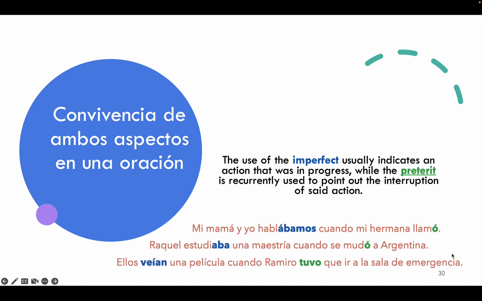Last but not least, ellos veían una película cuando Ramiro tuvo que ir a la sala de emergencia. Again, the imperfect here is used in order to convey what was taking place before Ramiro had to go to the emergency room, and that is watching a movie. Ellos, perhaps a group of friends where Ramiro was included, or perhaps Ramiro with his girlfriend or with his family, were watching a movie, veían una película, till the point that Ramiro unfortunately had to go to the ER.